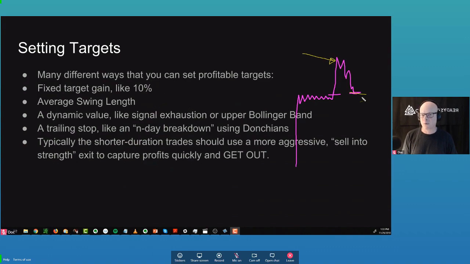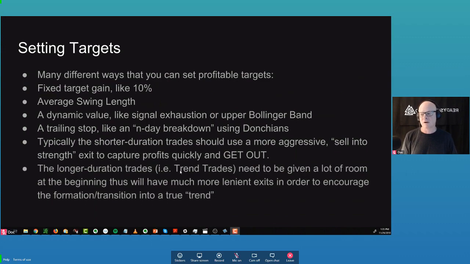Remember rule number 1: determine it before you enter the trade. Where am I going to get out of this thing? Sell into strength. There's no shame in taking early profits if that is what you're there to do. With longer duration trades, you're there to squeeze as much as you can out of that trend. That's the whole purpose of it. It's got a much different function.